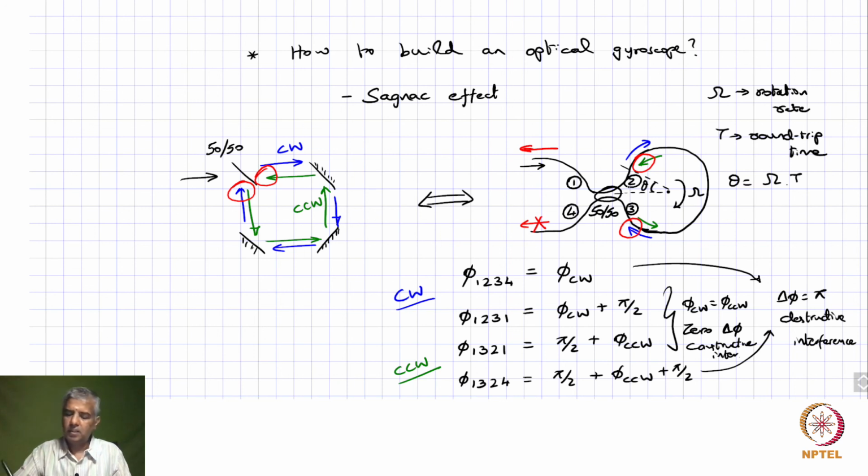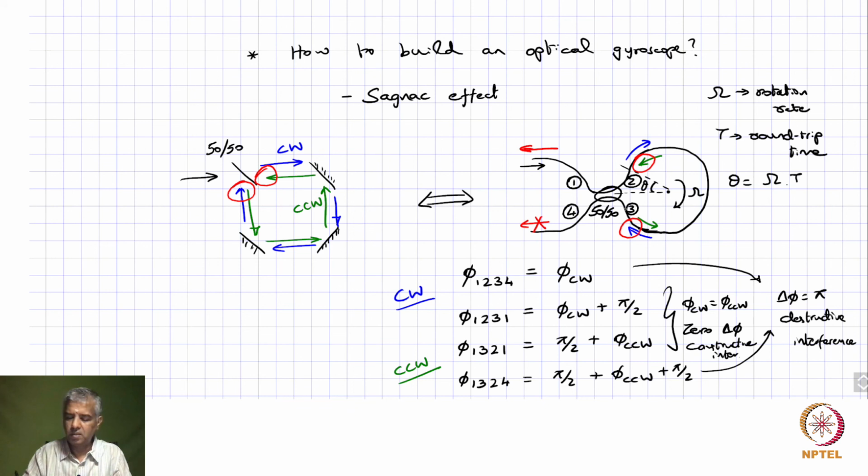Now it's moved a certain angle theta. That means if you consider your counter propagating wave, that was set off when the coupler was at this position, it starts from here, it goes around the loop, and by the time it comes to this position, this reference has changed.